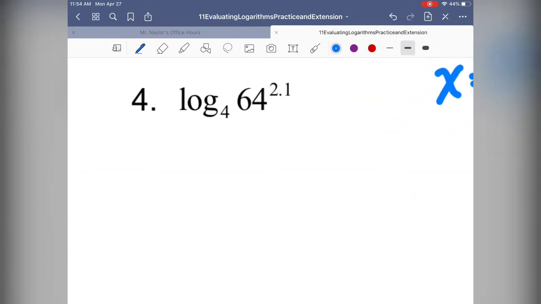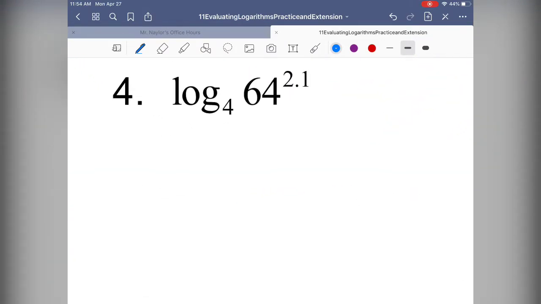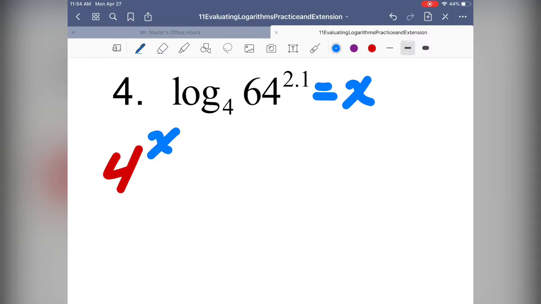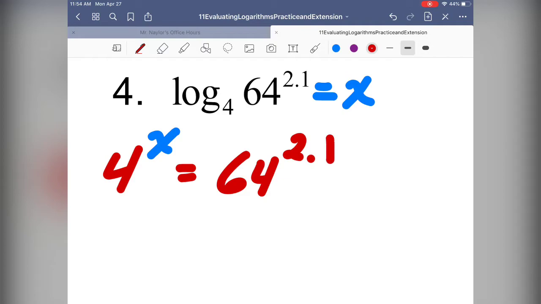This looks a little more involved. We kind of have some extra numbers. Let's treat it the same way. We're trying to find the value of this log. So we could say that 4 to the x power is equal to 64 to the 2.1 power.